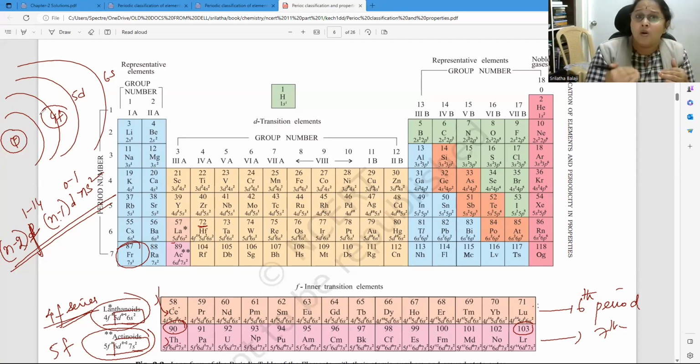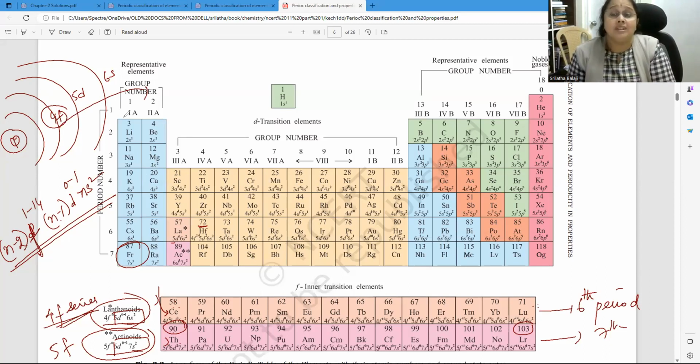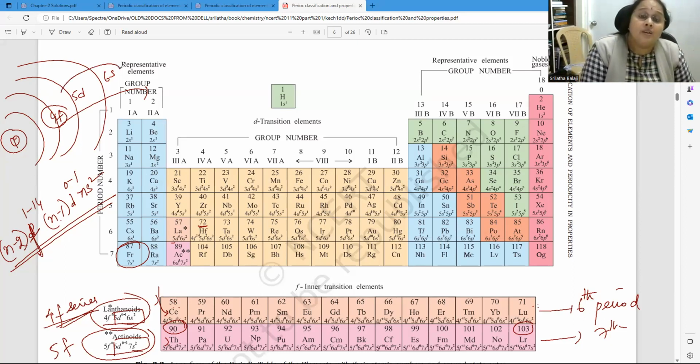Now, an electron from 4f taking part in a reaction is not something that happens often. It's difficult. So, which electrons will take part in chemical reactions in these lanthanoids or actinoids? Only the valence shell and the n-1 shell. So 6s2, 5d1 will be taking part in reactions. Which group fits the 6s2, 5d1 configuration?